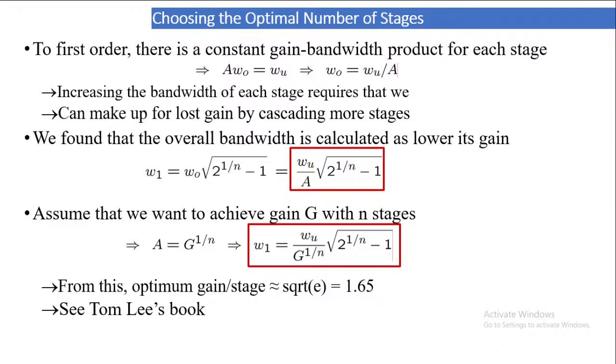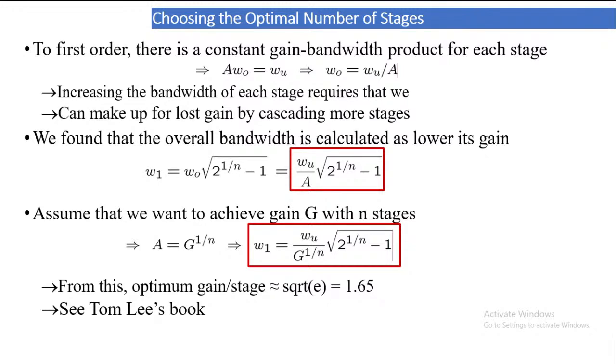So if you have n stages, over the n stages the gain bandwidth product is not constant. Over each stage it is constant, which means A into omega 0 is equal to omega u, omega u being the upper bandwidth. So omega 0 is equal to omega u by A.